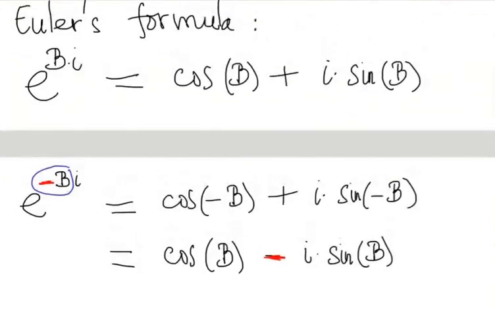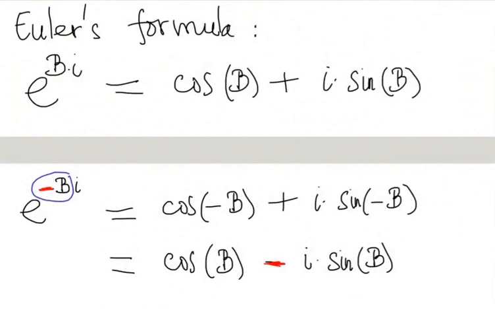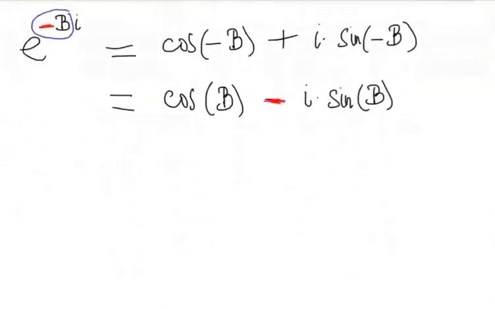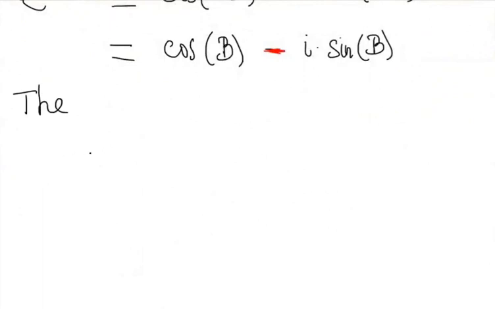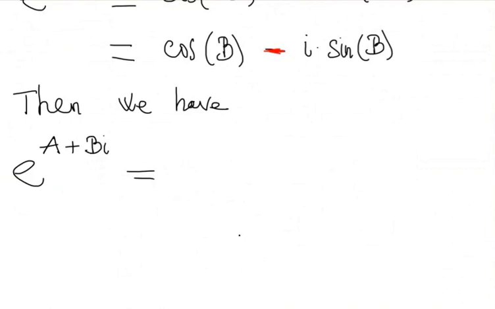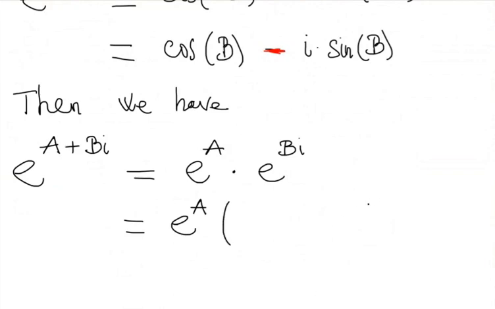Now if we put Euler's formula together with the property of the exponential function, then we have e to the a plus bi. We split it into e to the a times e to the bi, and e to the a is a real number, just the usual real value, times e to the bi.